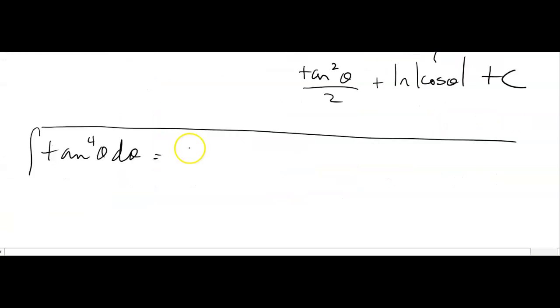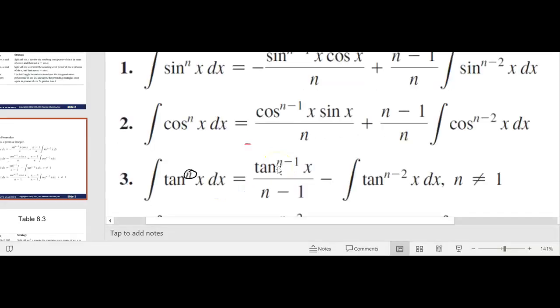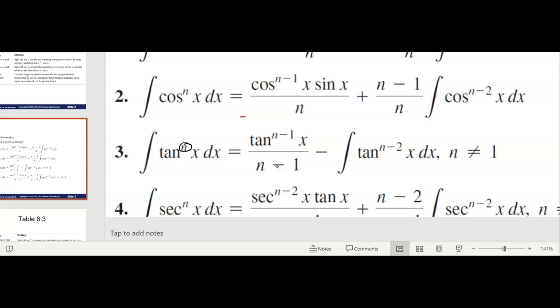But if I want to use the reduction formula, it just states this goes down by 1. So here's tan, it goes down by 1, then subtract the integral with the power going down by 2.